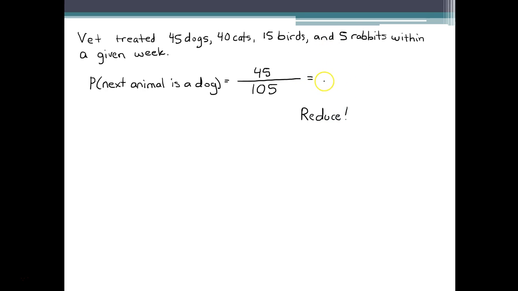I know 5 goes in evenly, but so does 15. 15 times 3 is 45, and 15 times 7 is 105. So the probability is 3/7 that the next animal is a dog. Probability can be a fraction, decimal, or percent.